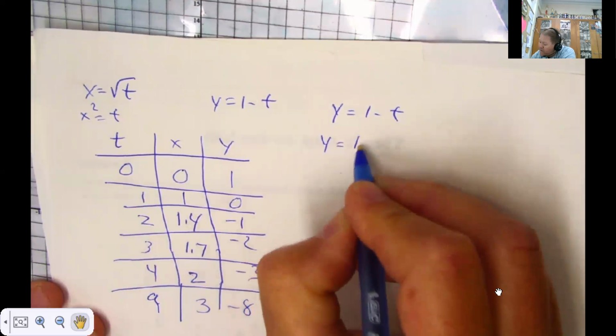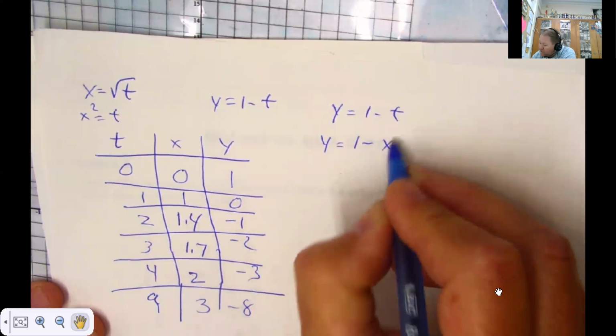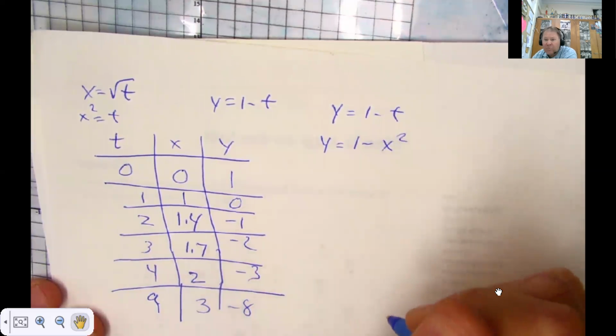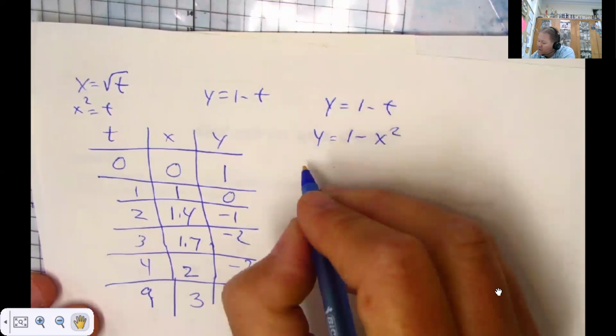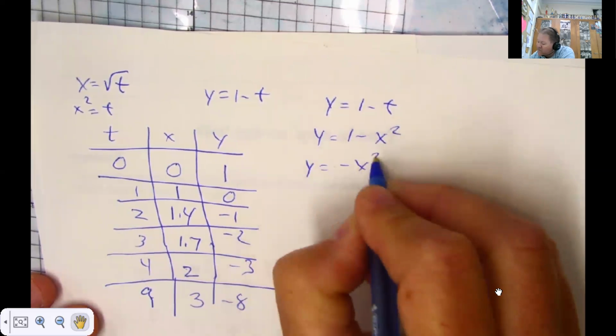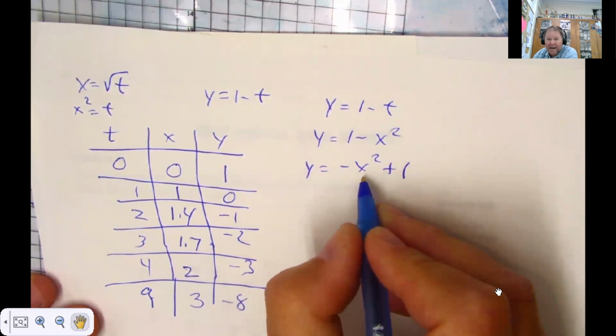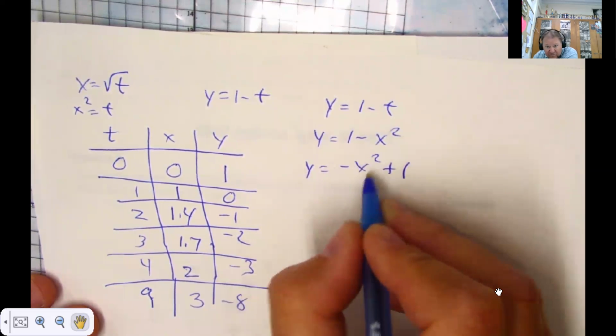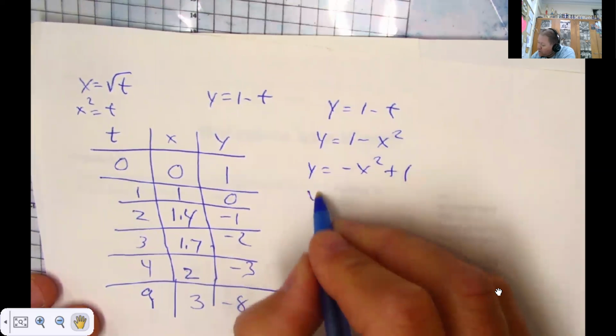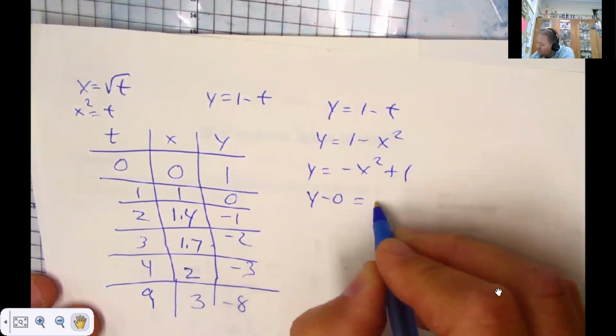So this will be y equals 1 minus, again, for t we're going to substitute an x squared, which makes perfect sense. This is y equals negative x squared plus 1. So if you think about it, this is a parabola, right? Just this x is squared. If you want to write it this way, I don't think you should have to.